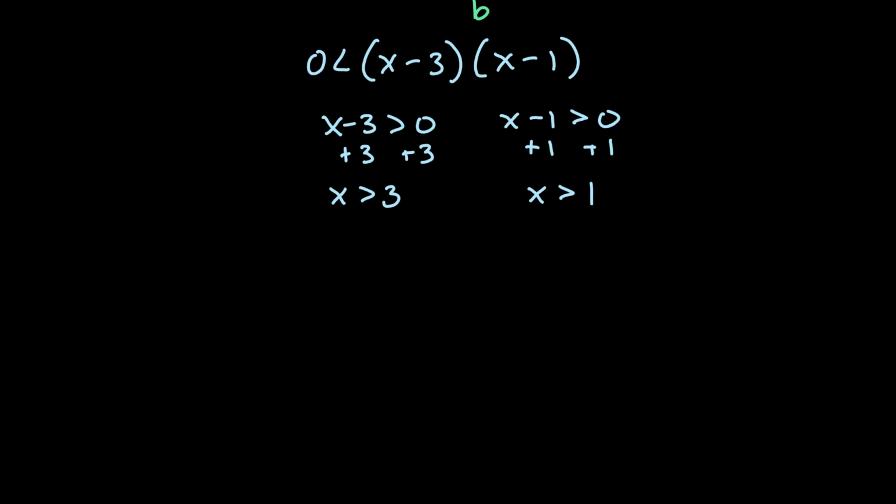Now, I'll show you the easiest way to do this. First, draw a number line. And put your two values on this number line. So we have 1 and 3. Now on this number line, are they going to be closed dots or open dots? Open. Why open? They're not equal to.